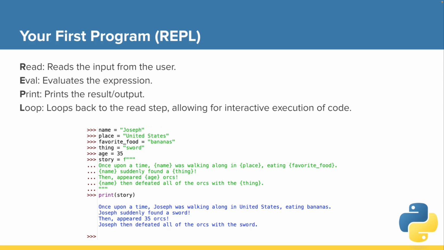So we can use this REPL interpreter with IDLE, or also just by typing Python at the terminal or at command prompt if you're on Windows. So let's go over to IDLE right now.